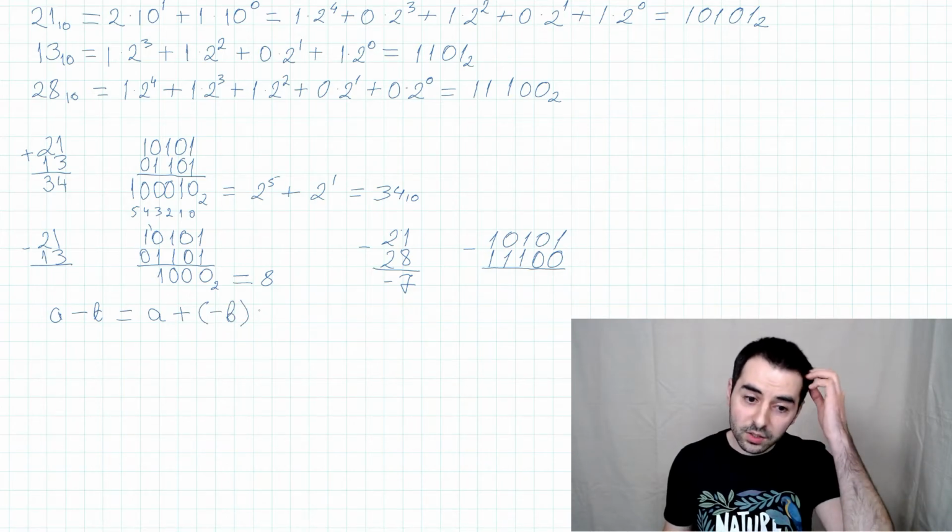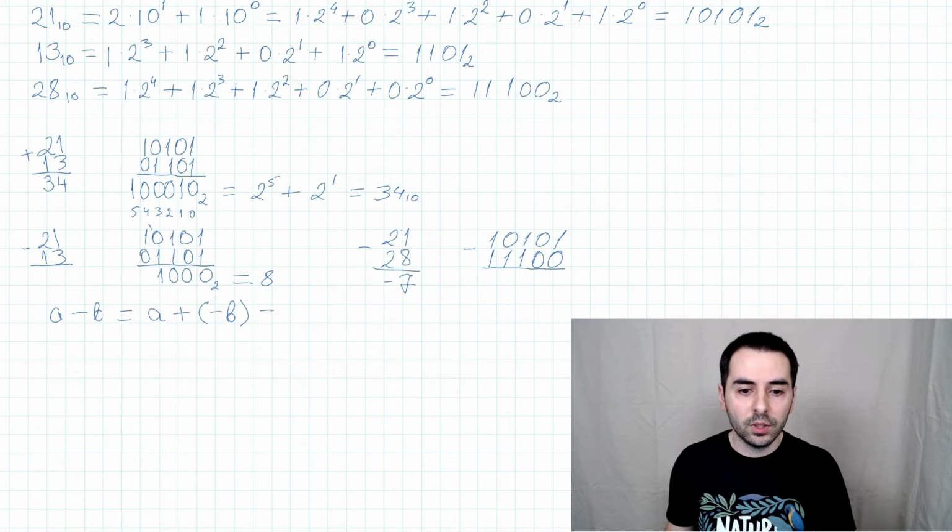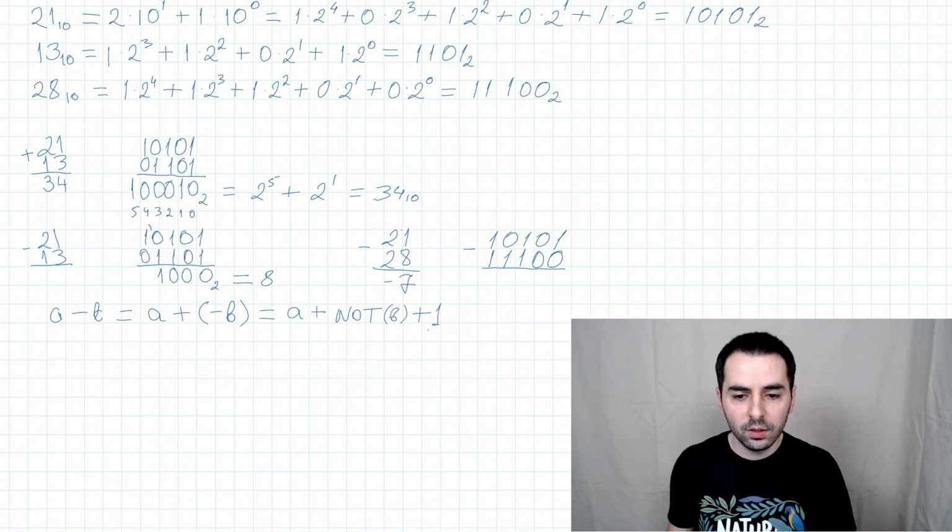To get minus b, we can use the negation. So we can do a plus not b and plus 1. This would give us the negative b.